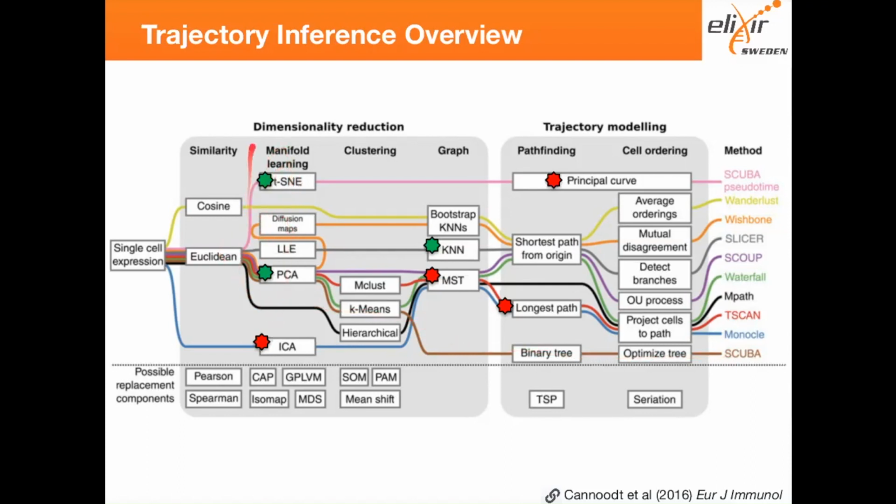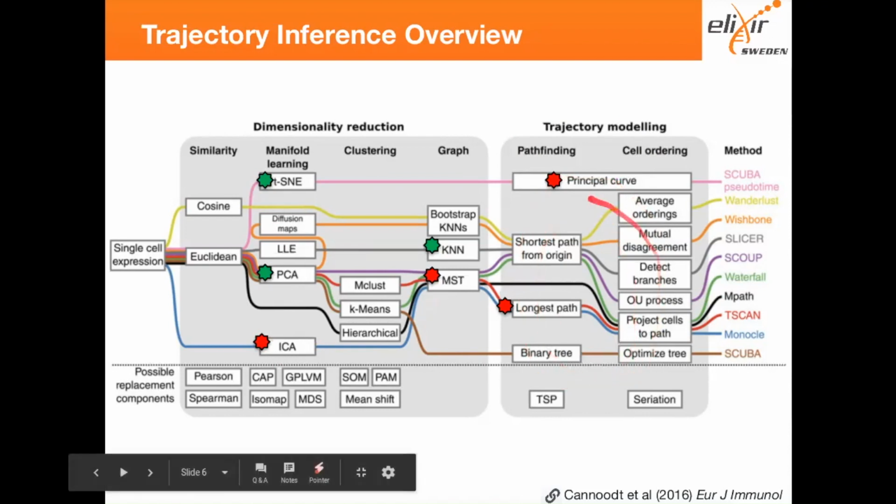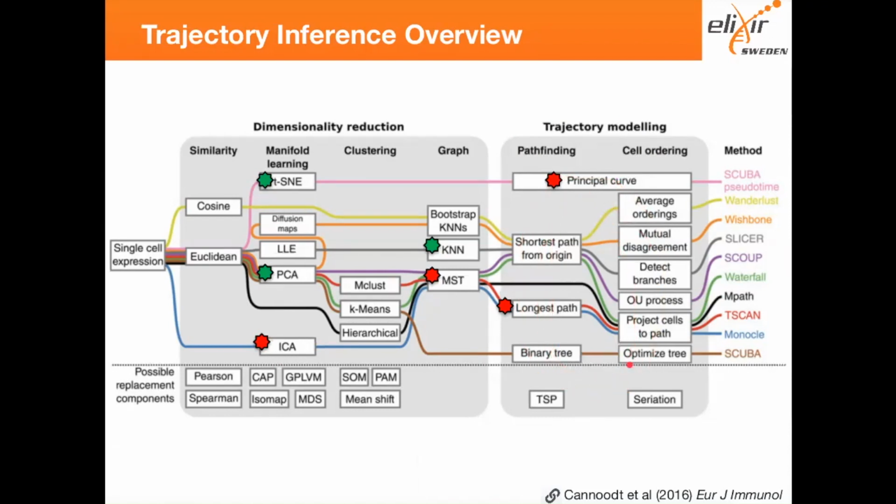For example, for manifold learning, let's say dimensionality reduction, tSNE, PCA, or KNN. Here, I'll talk a little bit about ICA and diffusion maps. There are different clustering methods. The graph partitioning would be OK as well. And then trajectory modeling, there are different ways of doing that, but I'll also mention a couple of ones.